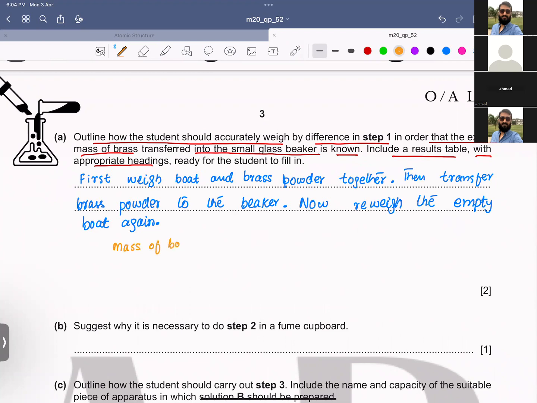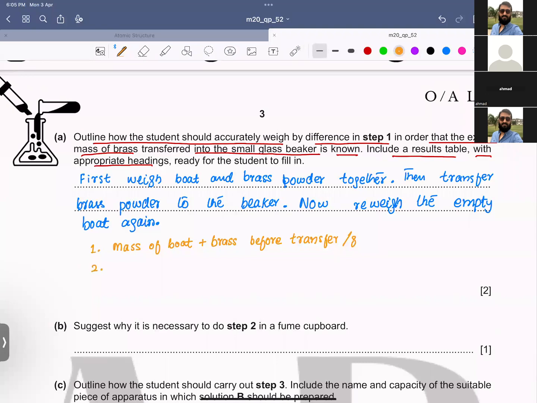Mass of boat plus brass, with the unit gram.